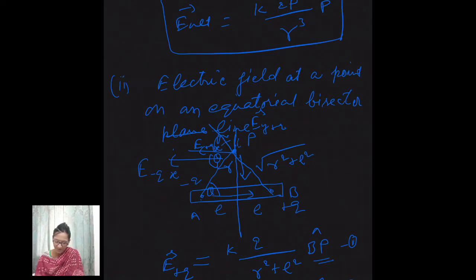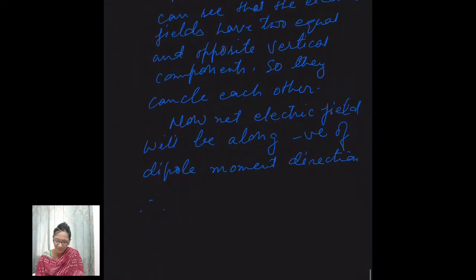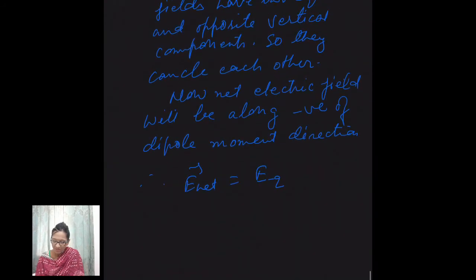So E net will be equal to E due to the negative charge cos theta plus E due to the positive charge cos theta, and this is along minus P cap.